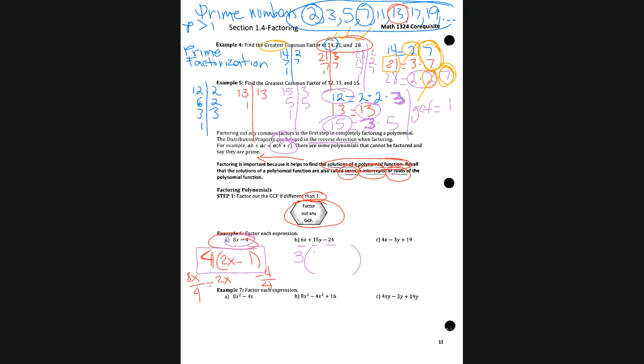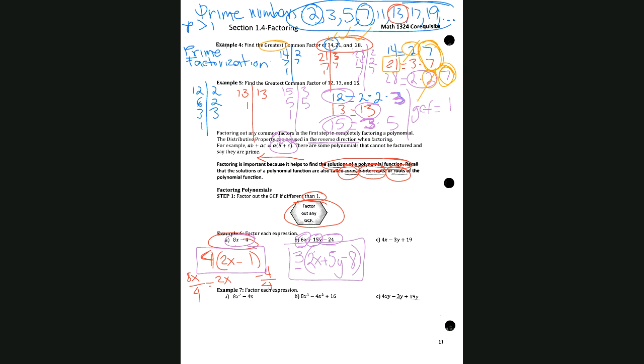If I take 6x and divide by 3, I will get 2x. If I take positive 15y and divide by 3, I will get 5y. And finally, if I take negative 24 and divide by 3, I will get negative 8. And those are the two factors for that expression.